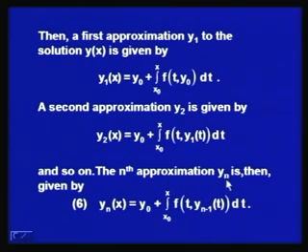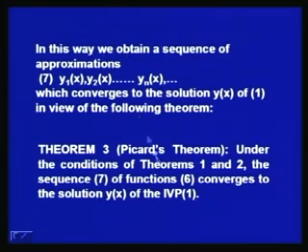The nth approximation yn is then given by yn(x) equal to y0 plus integral x0 to x f(t, y(n-1)(t)) dt. In this way, we will obtain a sequence of approximations y1(x), y2(x), y3(x) and so on, yn(x) and so on, which converges to the solution y(x) of the initial value problem 1 in view of the following theorem of Picard.